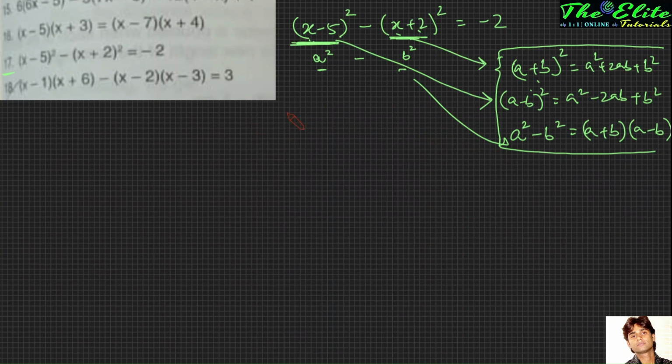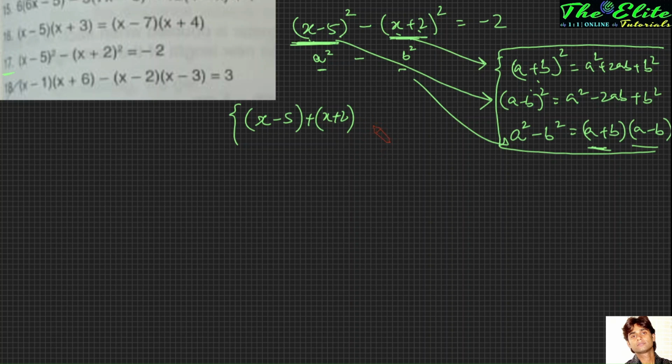So considering x minus 5 as a and x plus 2 as b, and using the a square minus b square identity, you can use this formula a plus b into a minus b. What is your a? A is x minus 5. What is your b? B is x plus 2. I'm just writing it separately so that you can understand. For a plus b, we can use another bracket.